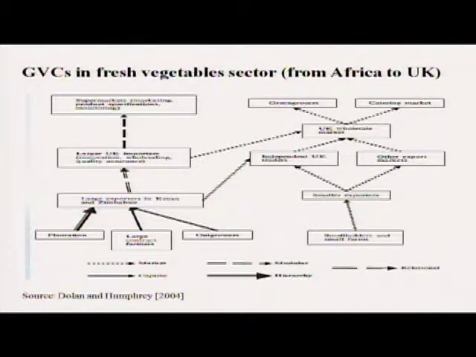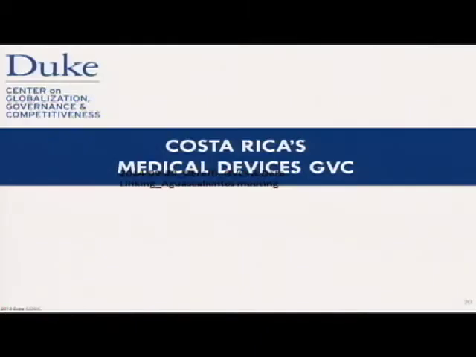This is an example that Catherine Dolan and John Humphrey did for Kenya and Zimbabwe in fresh vegetables. So it's important that real industries have a mix of governance structures. I just wanted to clarify, yes, we have control along with ownership, but we have a lot of variety in how we actually apply those governance structures.